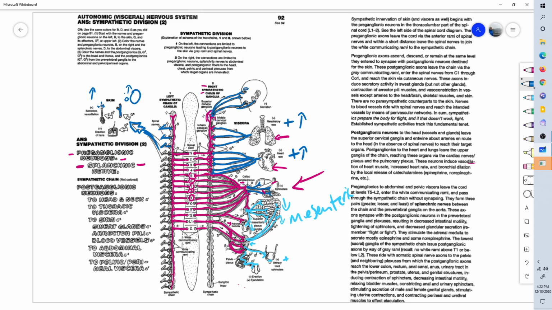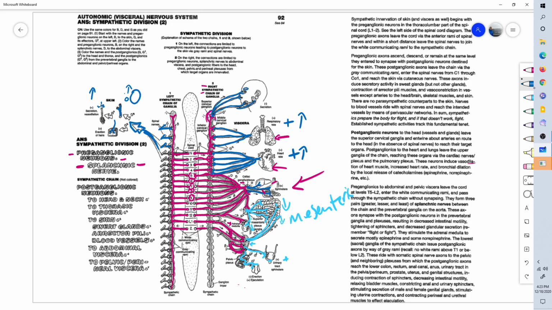When you are under attack, what happens? The hairs on your skin stand up. So it causes the erector pili muscle to contract and lift your hairs on end. So that's the function of the sympathetic nervous system in the skin.